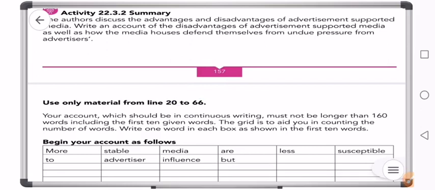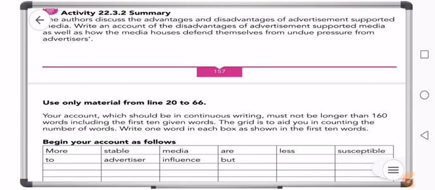So I'm going to read this question so that I can help you to identify keywords. The question says, the authors discuss the advantages and disadvantages of advertisement supported media. Write an account. In other words, they're saying write a summary.